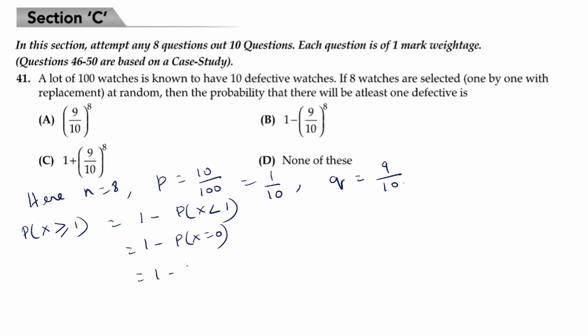So it is 1 minus 8C0, then p raised to 0, then q raised to n minus 0. So this is equal to 1 minus (9 by 10) the whole raised to 8. So the correct option is option B.